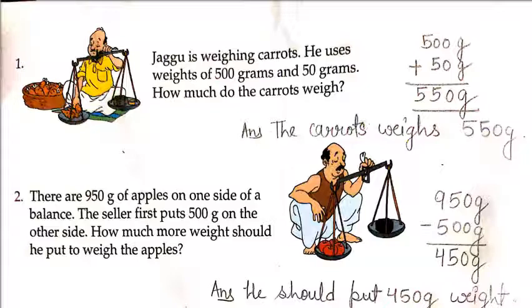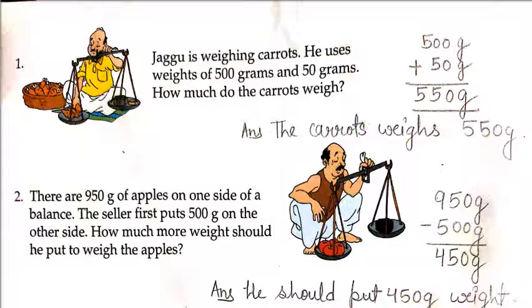Okay children, so for that we have to subtract 500 grams from 950 grams. So we write 950 grams minus 500 grams. So we start subtracting from right side. 0 minus 0 is 0. So we write 0 here. Then 5 minus 0 is 5.